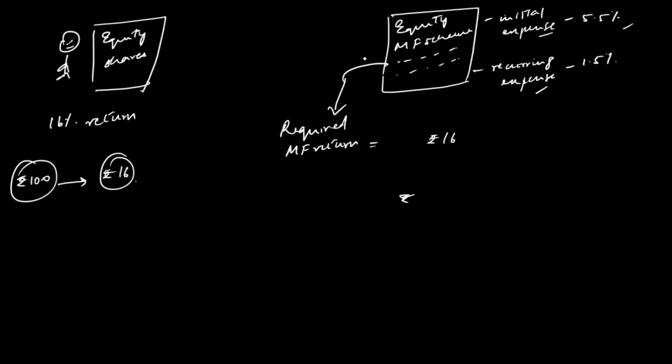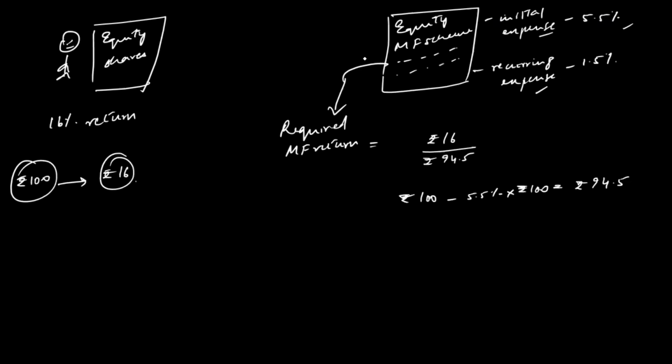Suppose you're investing 100, then you're left with 100 minus 5.5% of 100, that is 100 minus 5.5, which is rupees 94.5. So the mutual fund can only utilize 94.5 towards investment and it is required to generate 16 rupees as return. That means the required MF return should be rupees 16 by rupees 94.5. Okay, so far we are good, but there's a catch.